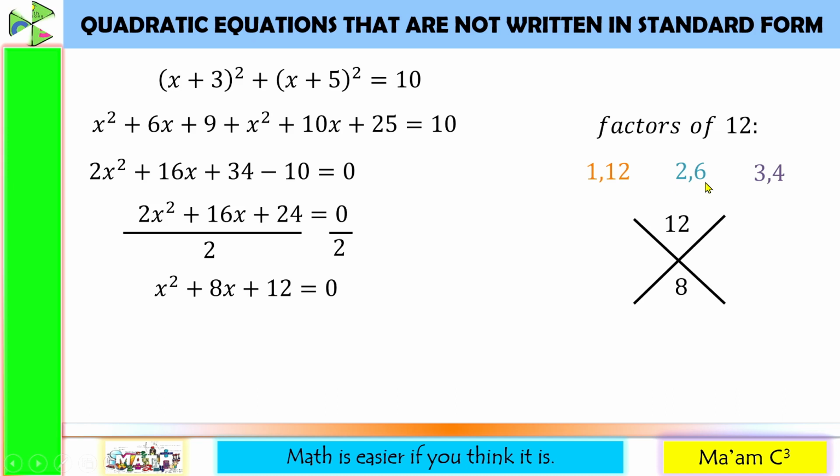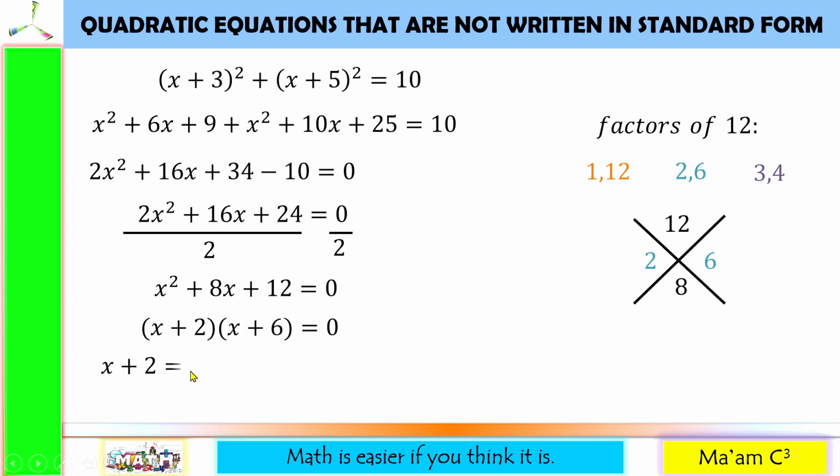And that would be 2 and 6. Our product is positive, so the factors are either both positive or both negative. But since the sum is positive 8, then both 2 and 6 are positive. So our factors are x plus 2 times x plus 6 is equal to 0.